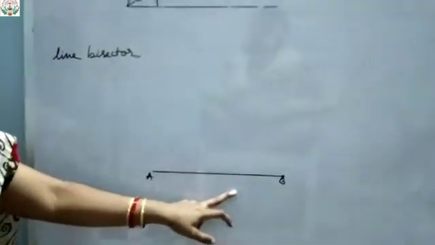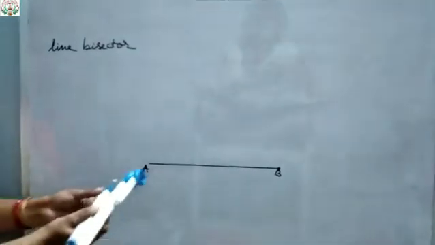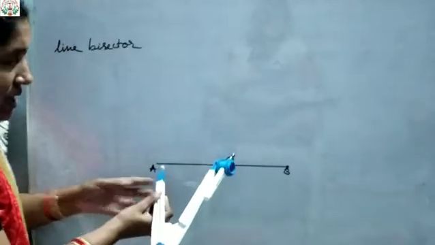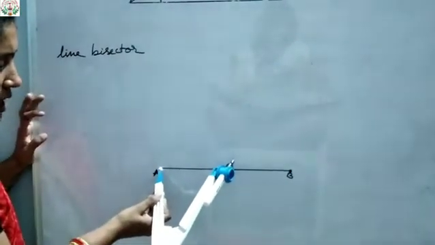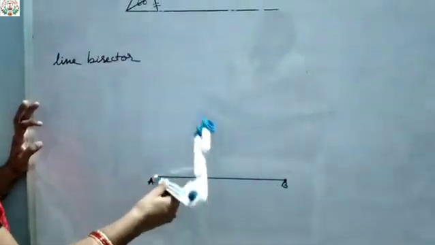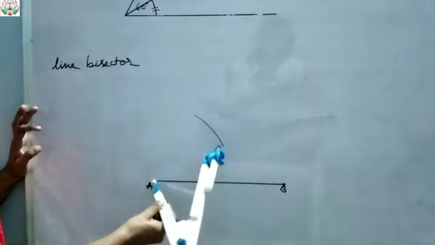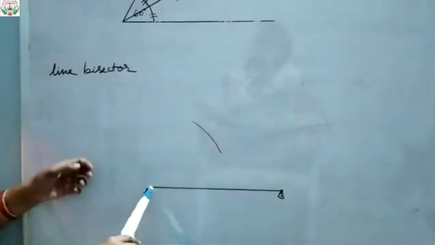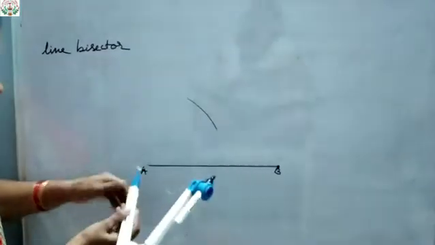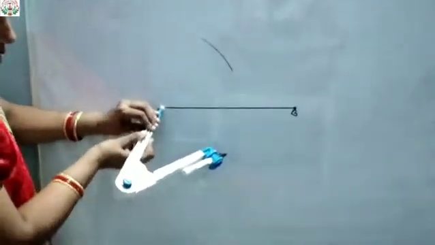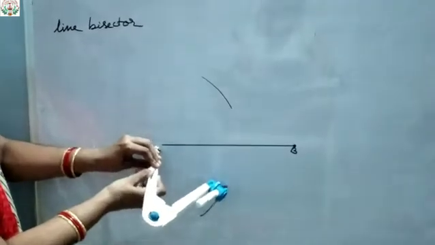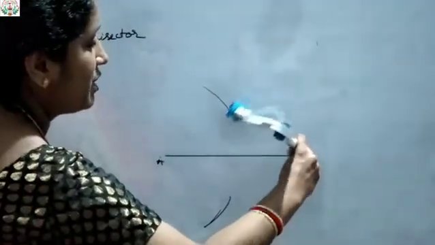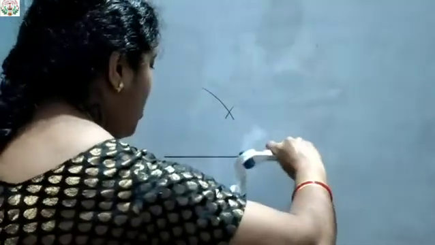So we have taken this line. Now what will you do? Take more than half of this line segment AB and draw an arc here, and same way down. Then from here also, same way keep here and draw an arc, and same way draw here also.